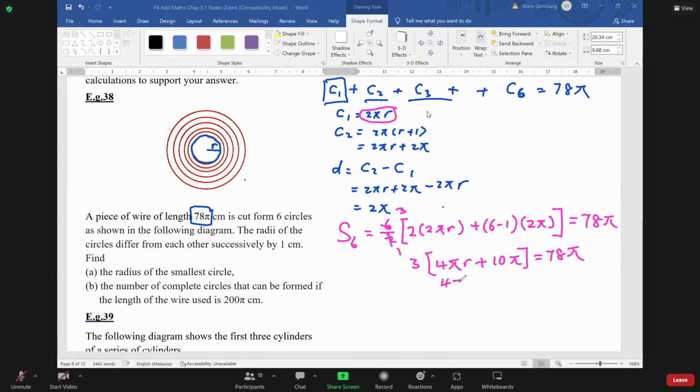So 4 pi r plus 10 pi must equal to 78 pi divided by 3, so it's 26 pi. So 4 pi r equals 26 pi minus 10 pi, so equals 16 pi. So what is r? r is 16 pi over 4 pi. So r is 4 cm. So the radius is 4 cm.